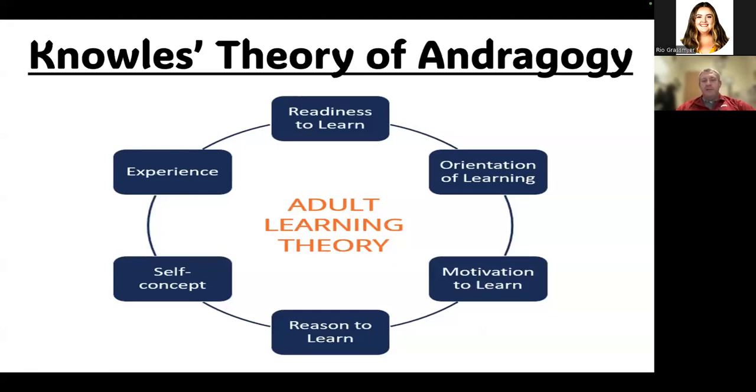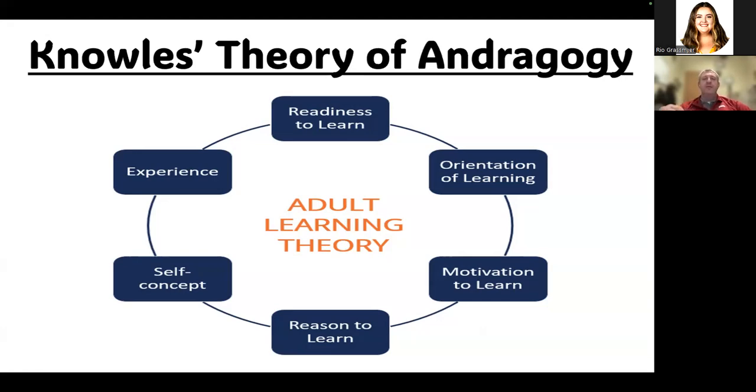But readiness to learn, if we go back just a slide real quick, we see that they have these needs, these desires. So once they walk into your classroom, they're already ready. We have to orient them to the classroom. We need to get them comfortable in the classroom. It's our job to motivate them, and they walk in with a reason to learn.